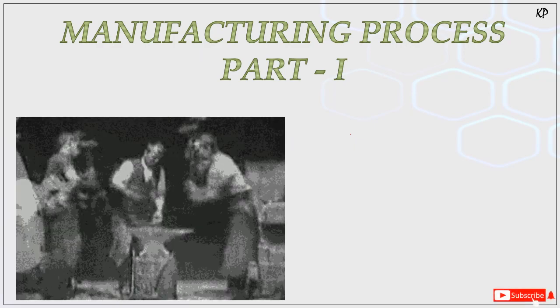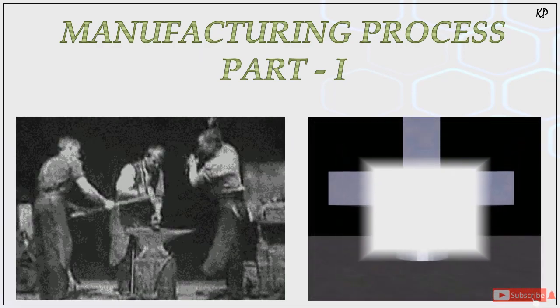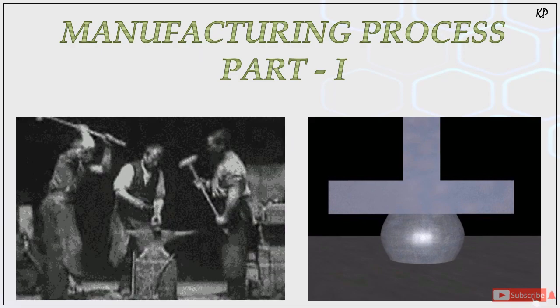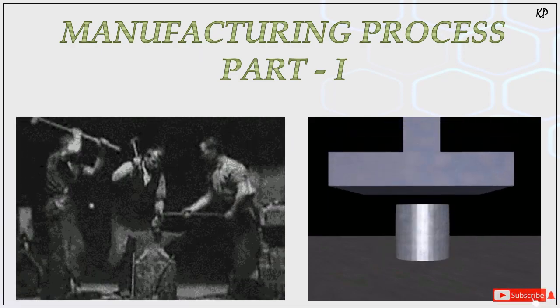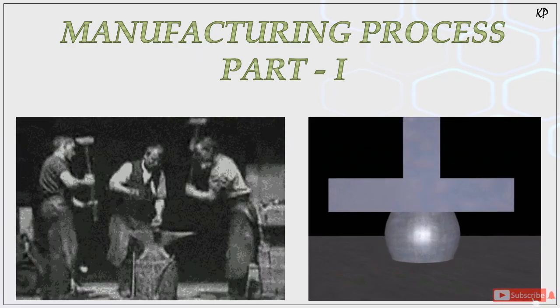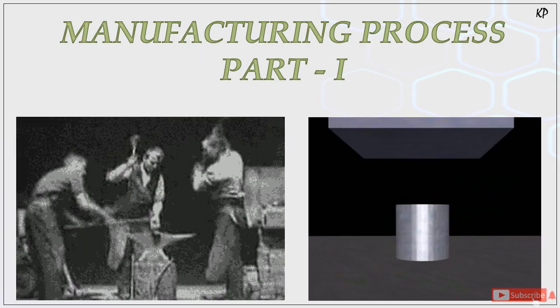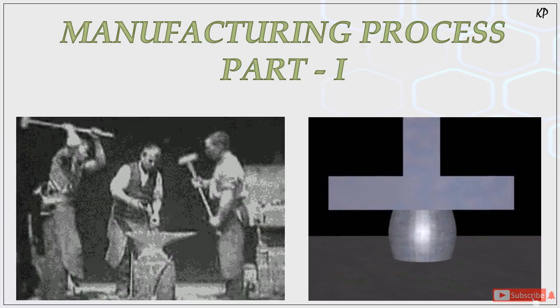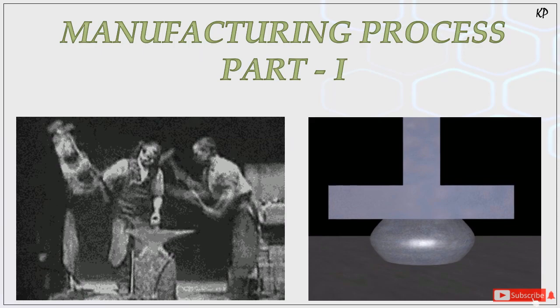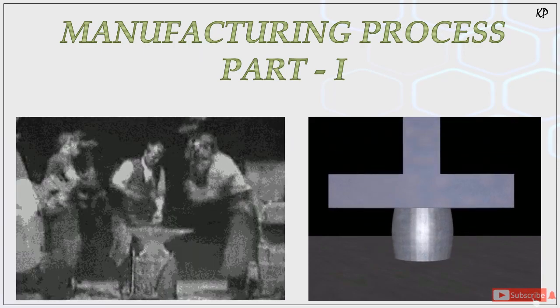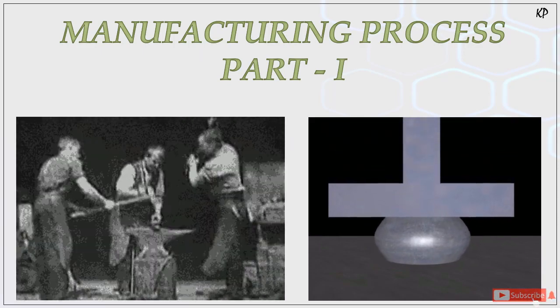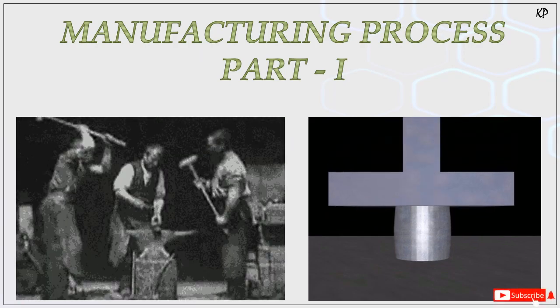But if we see today's processes, they are very mechanized, and a very small number of people are required. These are mostly performed by machines with very high skill, with robotics or programming, so there are very few chances of error.